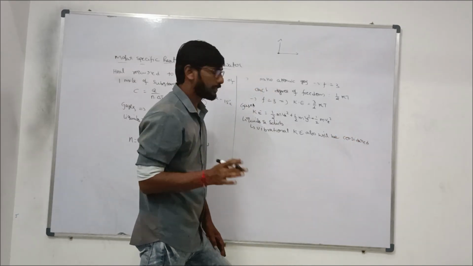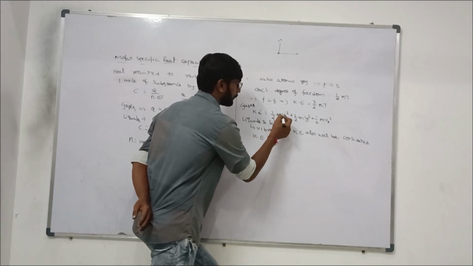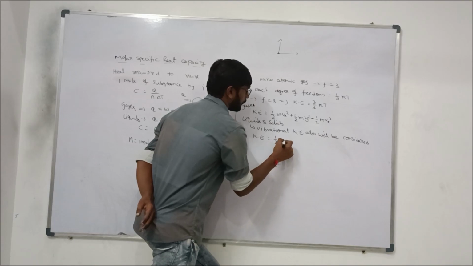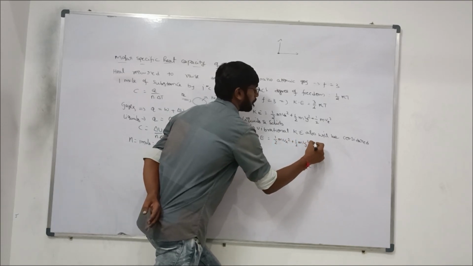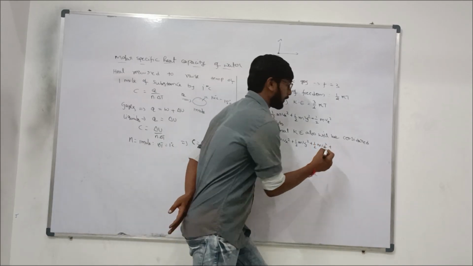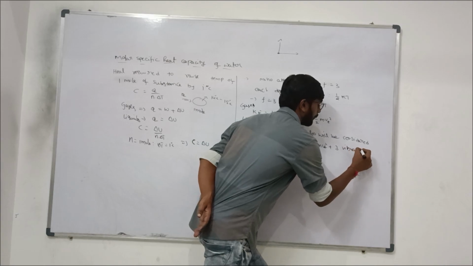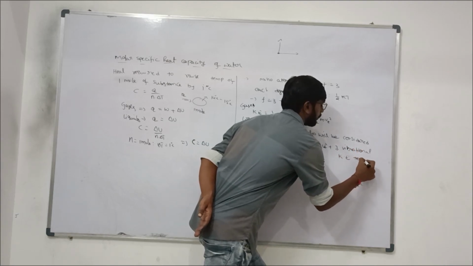So the kinetic energy will be half m vx square plus half m vy square plus half m vz square, plus 3 vibrational kinetic energy terms.